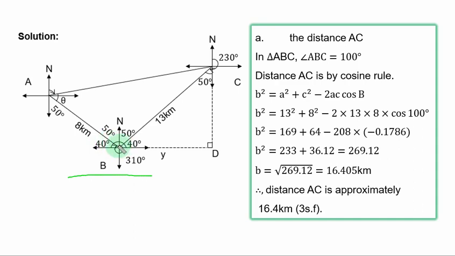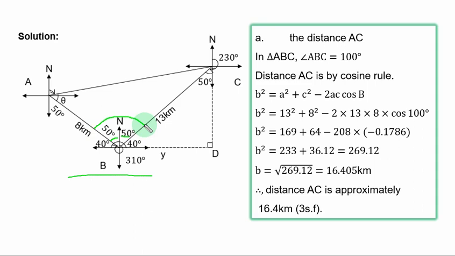From this point to this point is 310, and the whole quadrant is 360 degrees. So here is 50 degrees, which is equal to this angle. Here is 50 and is equal to this angle. So this entire angle is 100 degrees.